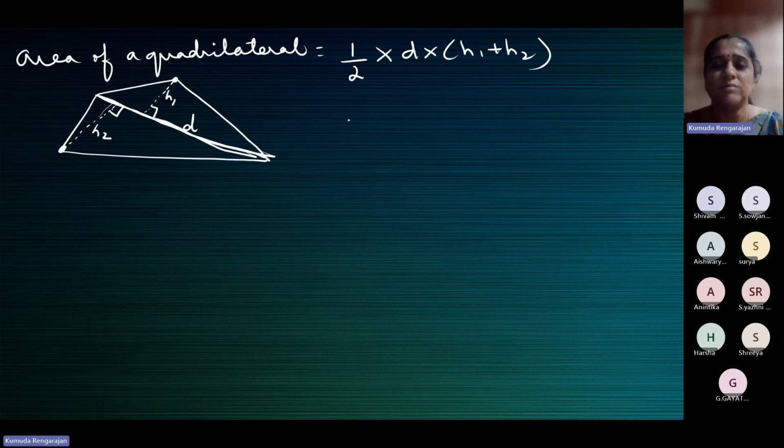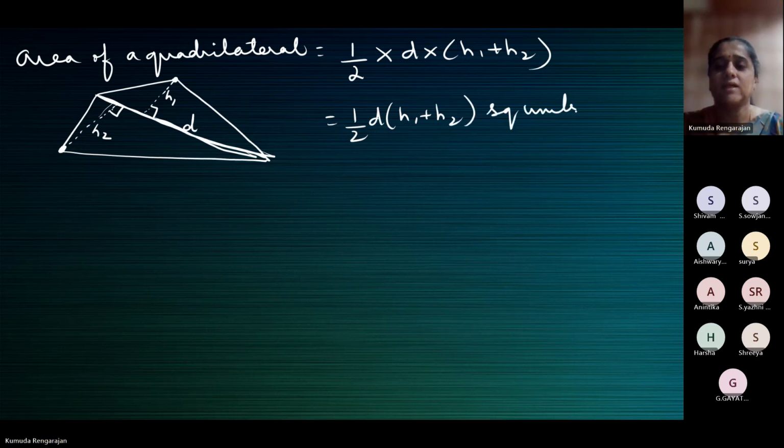You can even take away the multiplication signs and just write half D into H1 plus H2, square units. You can show the multiplication signs or just remove them. So half D into H1 plus H2 square units. This is the area of a quadrilateral in general, any four-sided figure.